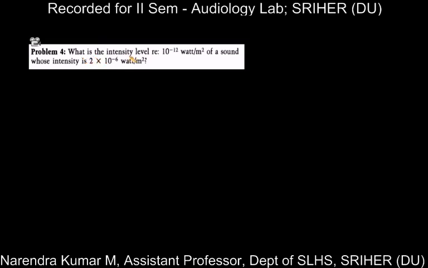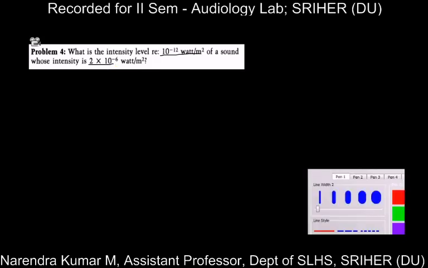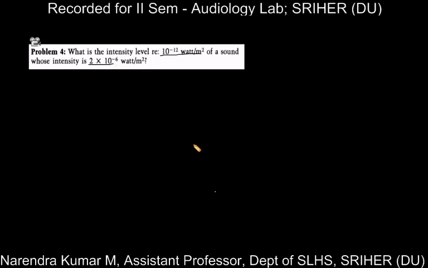The next problem, we need to find the intensity level of a sound whose intensity is 2 into 10 to the power minus 6 watt per meter square. So we are going to convert 2 into 10 to the power minus 6 into dBIL. We know the formula for dBIL. It is 10 log I0 by IR. So here I0 is 2 into 10 to the power minus 6.